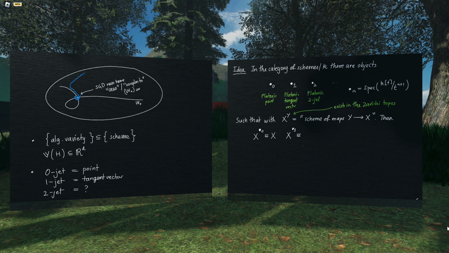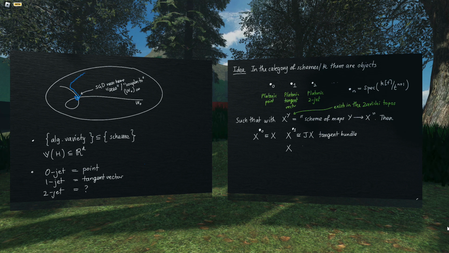What is the space that parameterizes all the ways to stick a tangent vector onto X? It has another name. At the risk of embarrassing myself, is it a vector bundle? Yeah, it's the tangent bundle, that's right. The tangent bundle is another scheme whose points are pairs consisting of points on X and tangent vectors at those points.